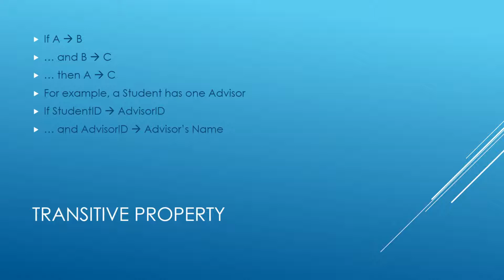The advisor ID determines the advisor's name. So given a student ID, we can determine one and only one name for that student's advisor. Given the student ID of 101, we know that student's advisor is Sue.